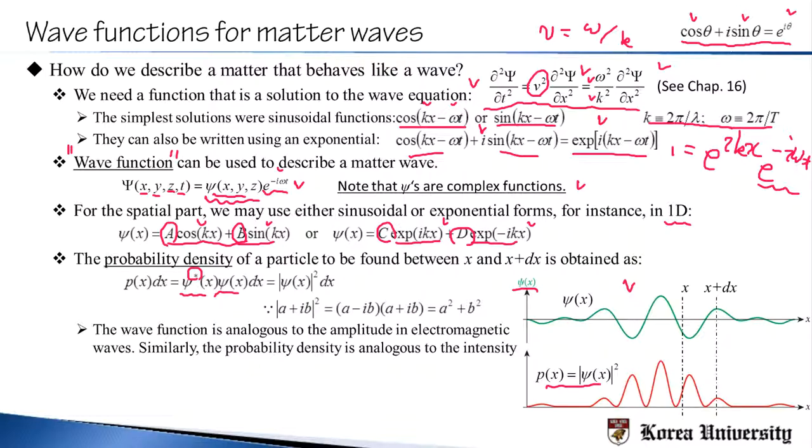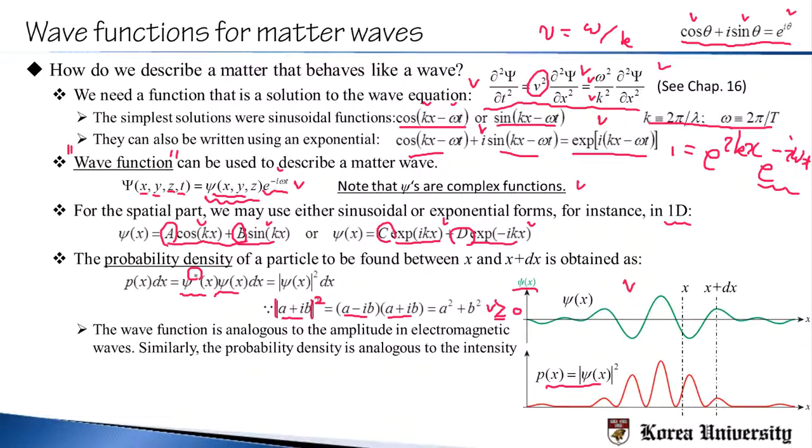If you multiply a plus ib with its conjugate a minus ib, we write this as the absolute square, and what you get is simply a squared plus b squared, which must be larger than or equal to 0. It cannot be smaller than 0.